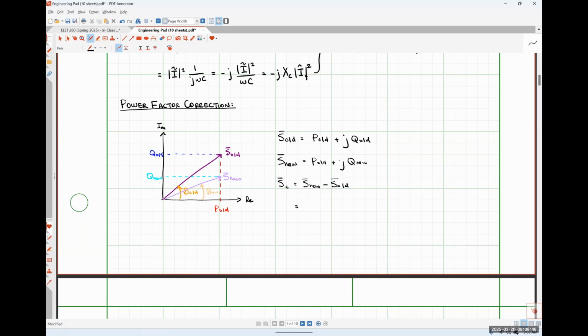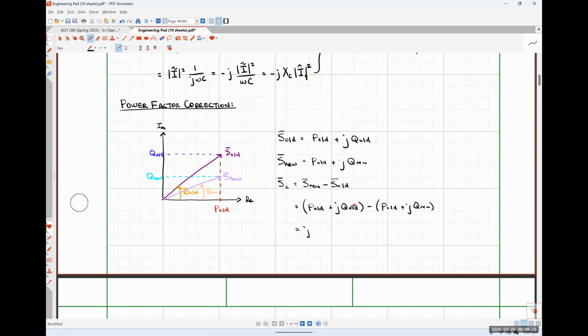So that's going to look like P old plus jQ old minus P old plus jQ new. So I have P old minus P old. So my capacitor will not need to be providing any real power, which we know that it can't anyway. And so I'm going to be left with j.